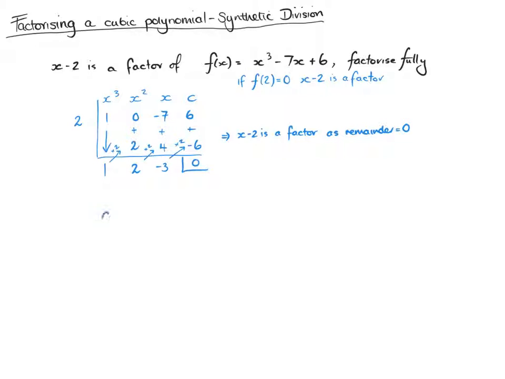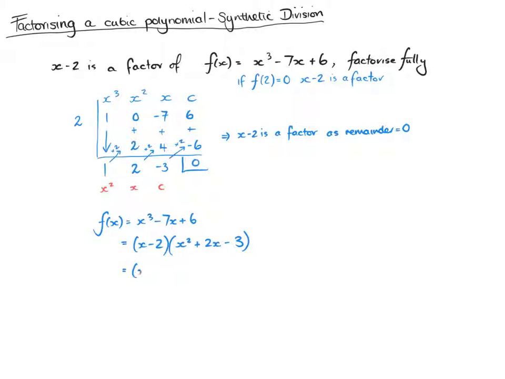Okay, so then f of x is equal to x cubed minus 7x plus 6, which is equal to x minus 2 times by, remember this is giving us our x squared, our x, and our constant, the coefficients that is, so we've got x squared plus 2x minus 3.